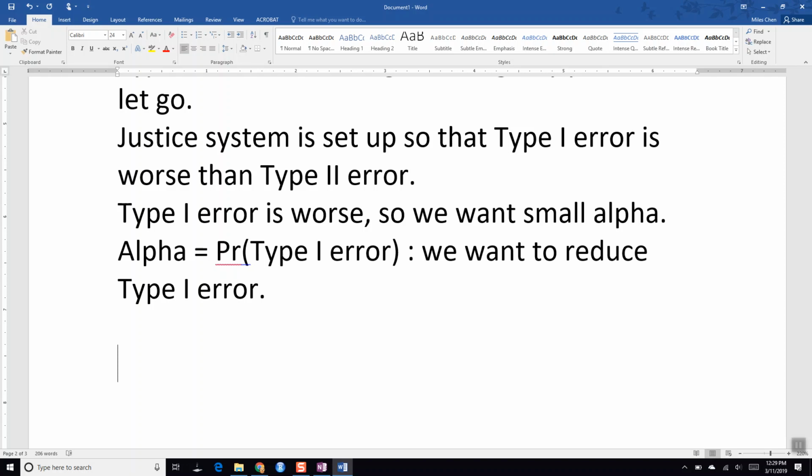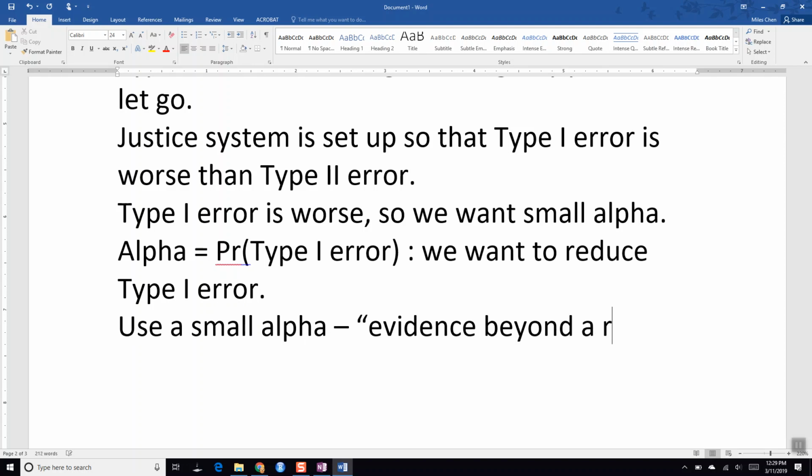In the justice system, they do say use a small alpha, but not in those words. What do they say? Use a small alpha gets turned into what?